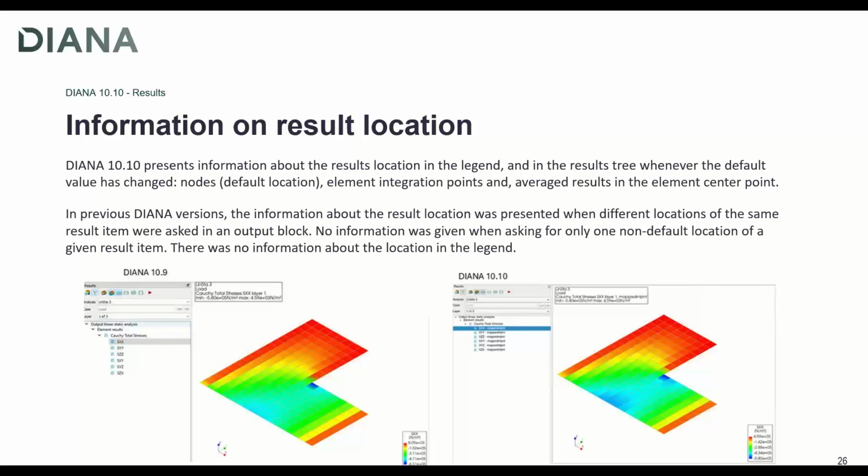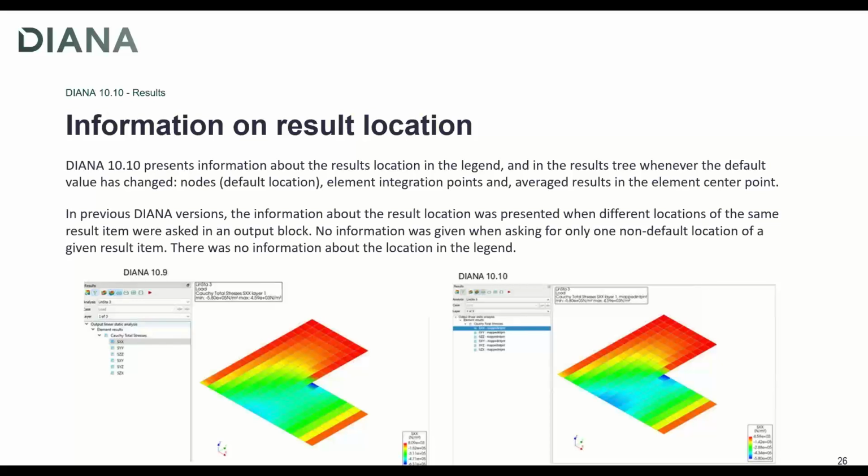This one is a new item for results. Generally, element output results can have 3 different locations, and this has been there in the later versions. We can give the location of nodes, which is the default location, and we can also choose element integration points and averaged results in the element center point.